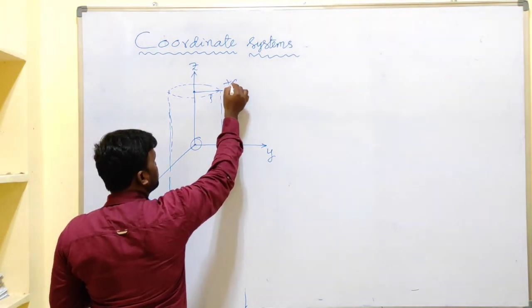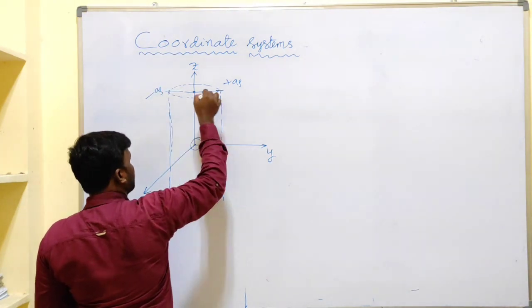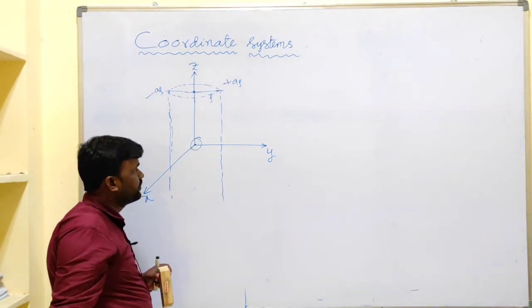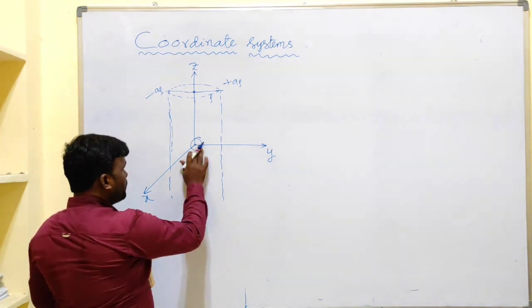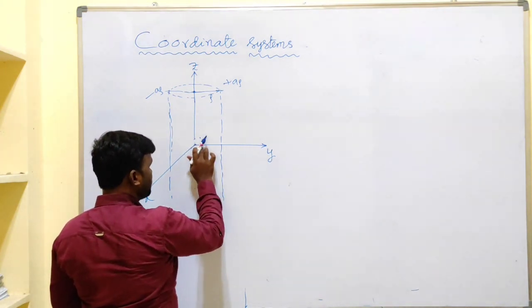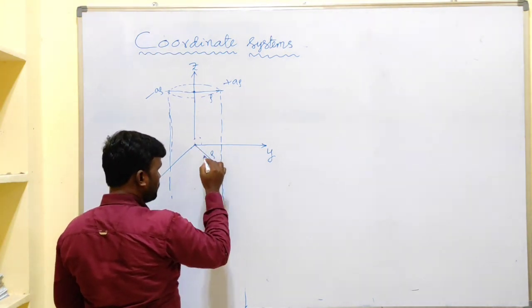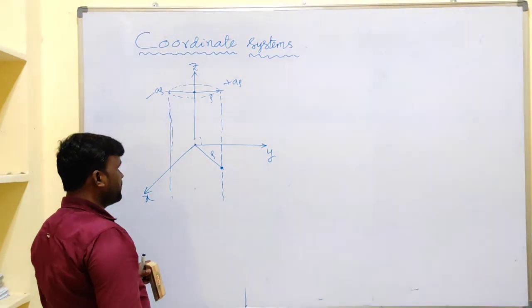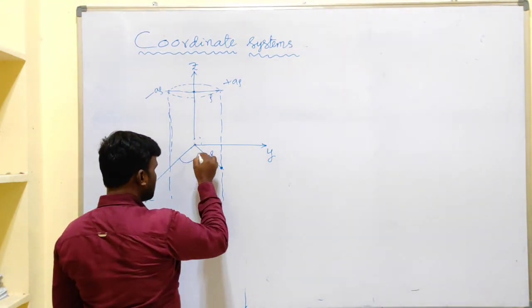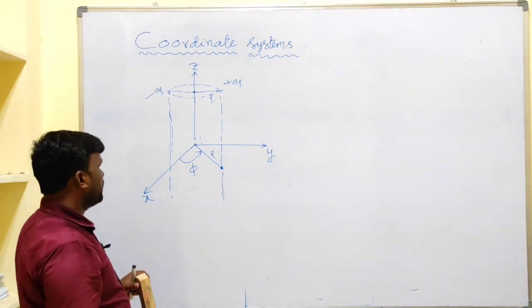It is moving along the positive rho direction, and ear to ear it is the negative rho. What I said is that in the cylindrical coordinate system, pi is the angle made by rho. This is your rho, making an angle in the xy plane with the x axis in the anti-clockwise direction.